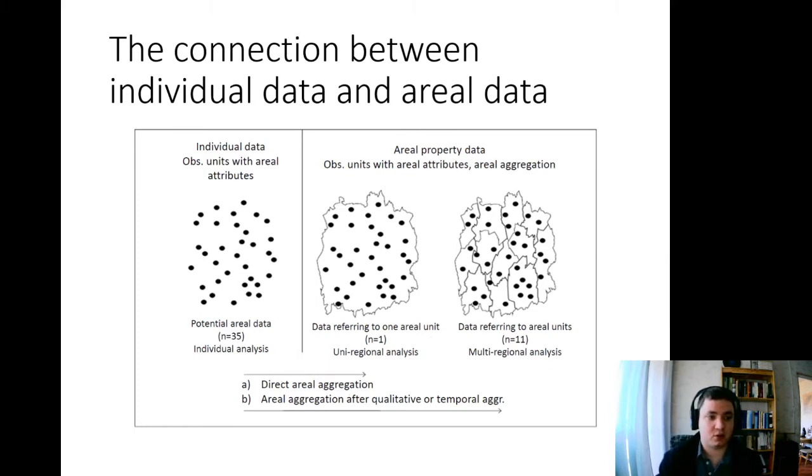So our unit of analysis in this case is not the individual, but the geographically defined area in which we have information on the social composition of the living population. For example, in the previous map, the ethnic composition of the living population.